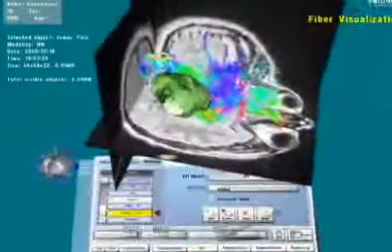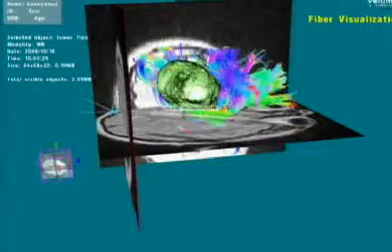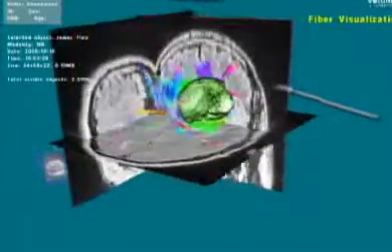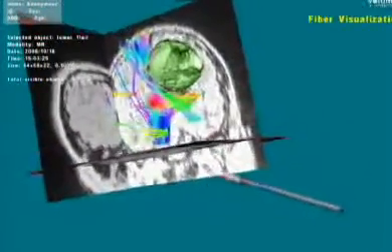Here you can see that the DTI shows the tracks to be back and around, giving us the idea that when we did this case, the descending tracts we were going to get involved in were going to be around the base and the back of this tumor.